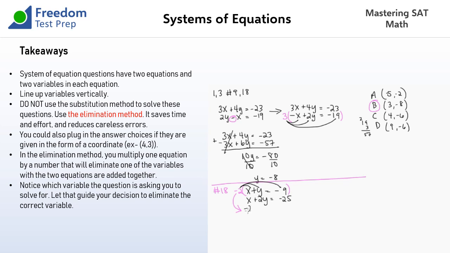So we're going to get a negative 2x and a negative 2y. And we have a negative 2 times a negative 9, which is going to be positive 18. So our y's cancel out. We're going to get a negative x equals negative 7. And we can just switch over those both signs. And we're going to get 7 as our answer.